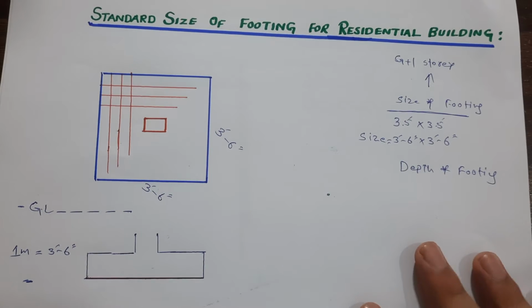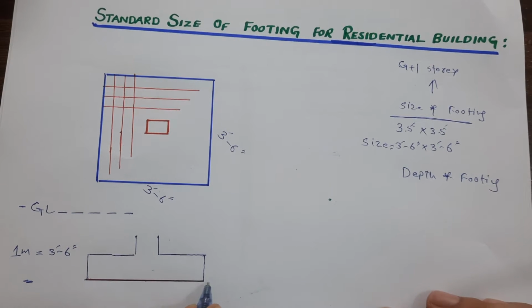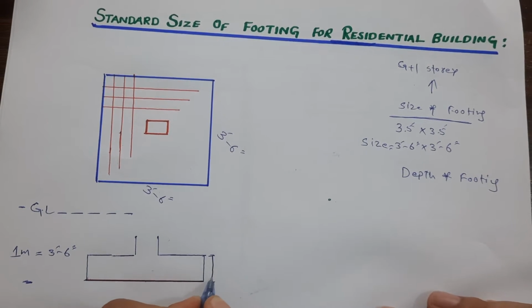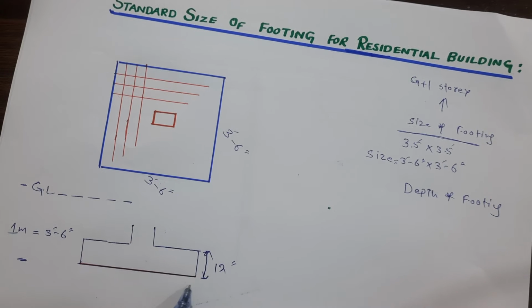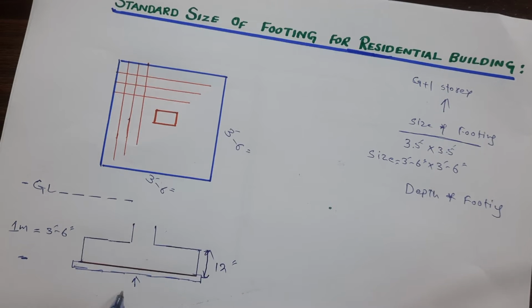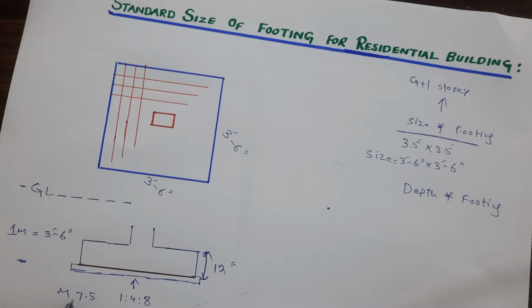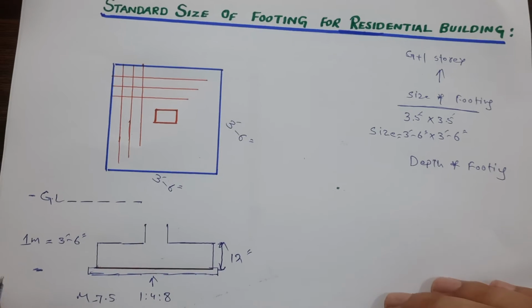This is minimum depth. Okay, so here guys, the bed depth should not be less than, this is the bed depth. So let me show you the bed depth. It should not be less than 12 inches. Okay, first of all we will do thickness of subgrade. This one you can use here the ratio 1:4:8. Okay, you can say M7.5 grade concrete normally for this.